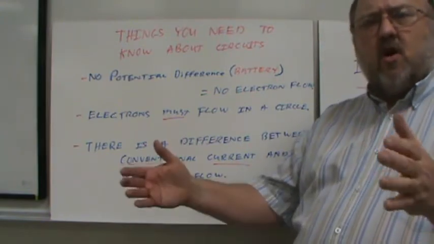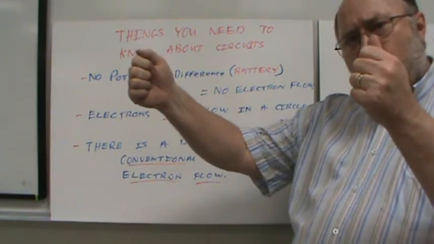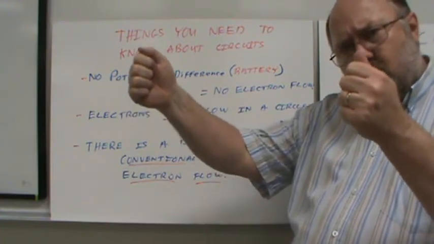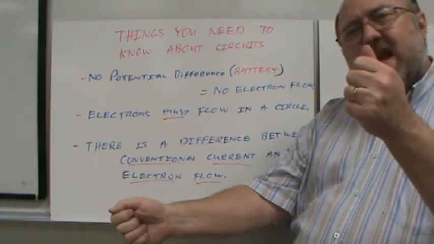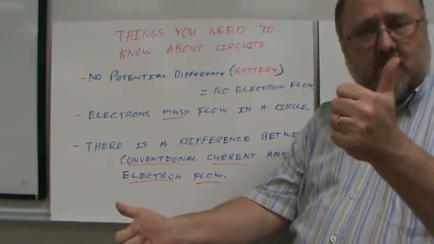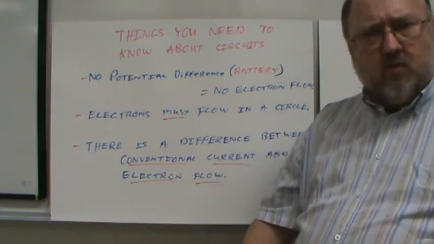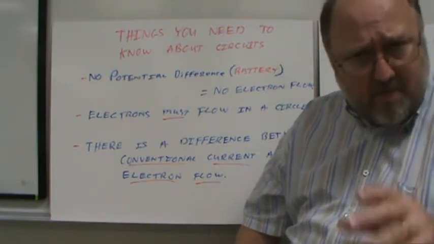Think of it this way. If you took a garden hose and filled it with water and held both ends at equal height, no water would flow out. But if I lowered one so that it was at a lower gravitational potential, then I took my thumbs off, the water would flow out. Well, that's really what happens. If there is no potential difference, that would be the battery in our case.